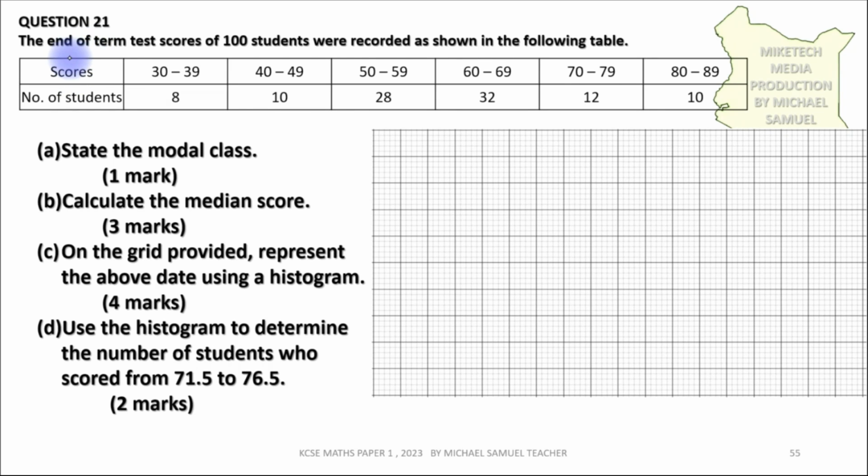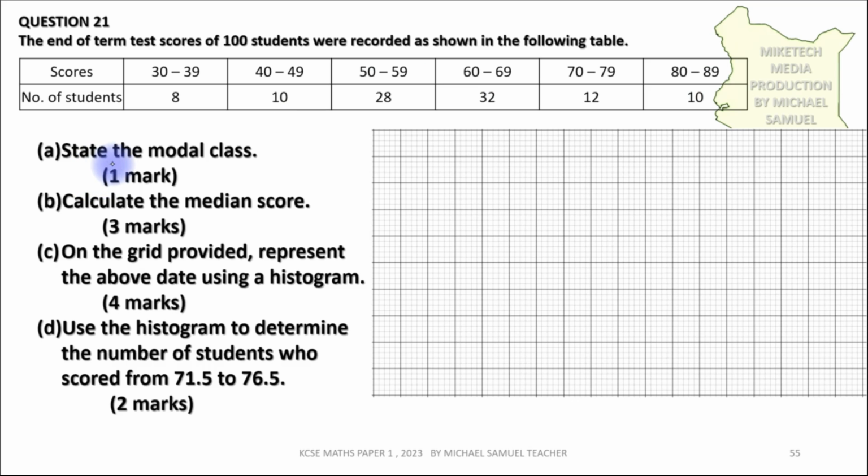Question 21. The end of term test scores of 100 students were recorded as shown in the following table. That is the scores, 30 to 39, 40 to 49, 50 to 59, 60 to 69, 70 to 79, 80 to 89, and their corresponding number of students in each class.